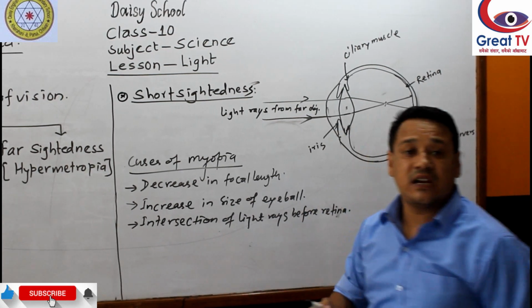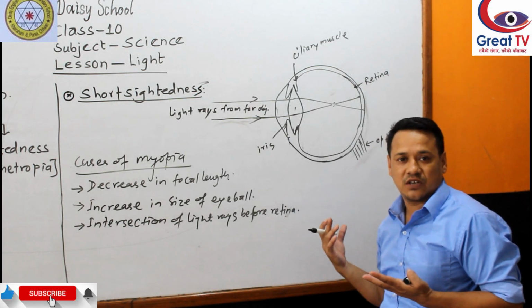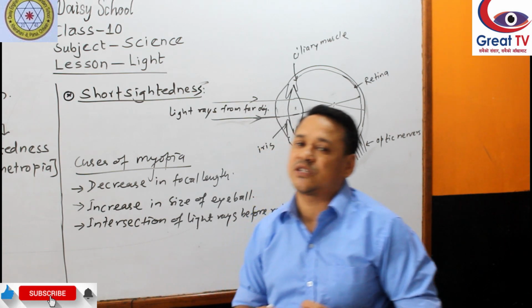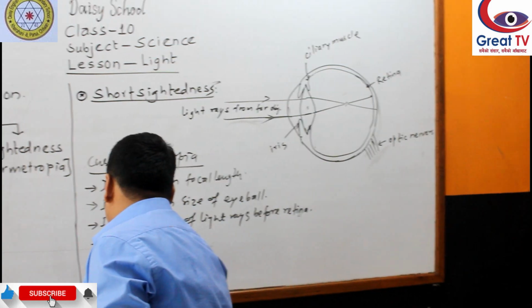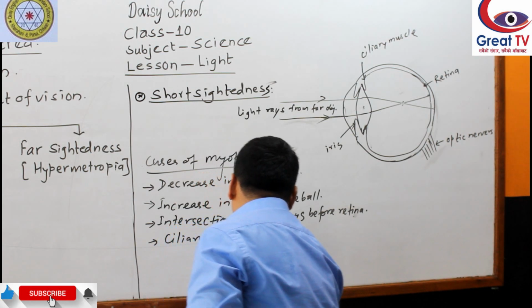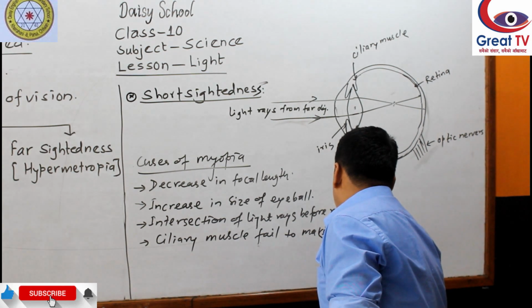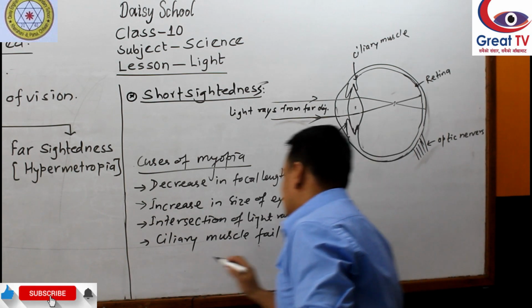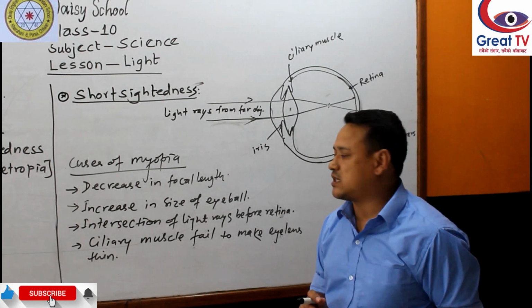Another major point: the ciliary muscle fails to perform its function. While looking at a far object, the lens should be made thin, but here the ciliary muscle fails to make the lens thin at the time of need. So these are the causes; at least two causes you have to remember.